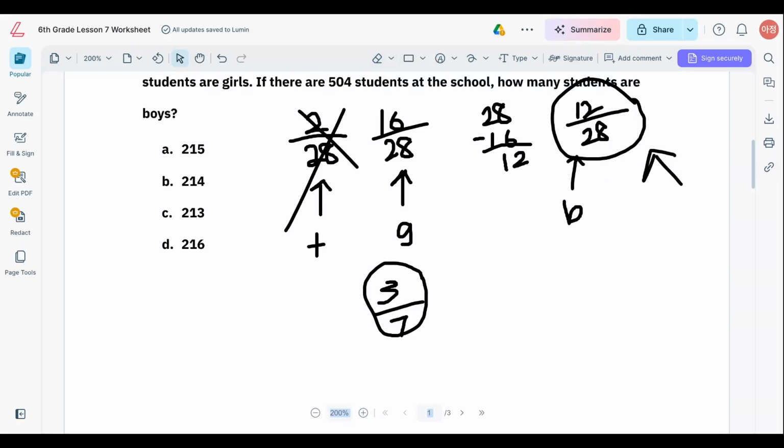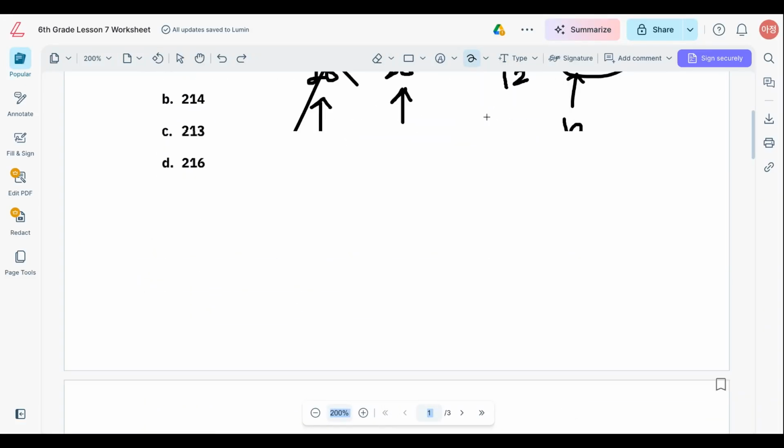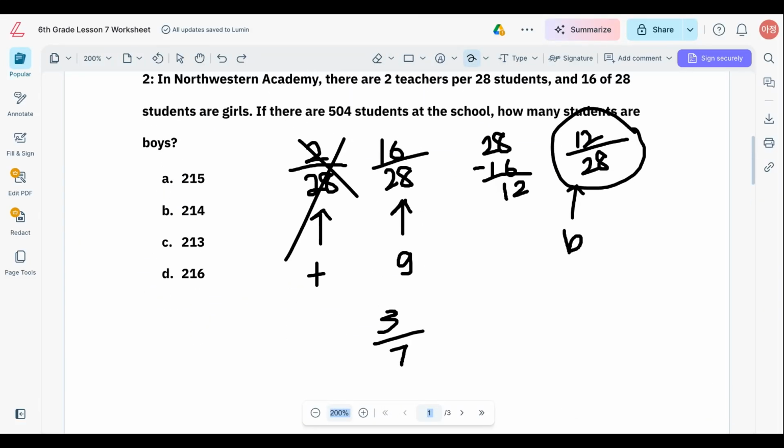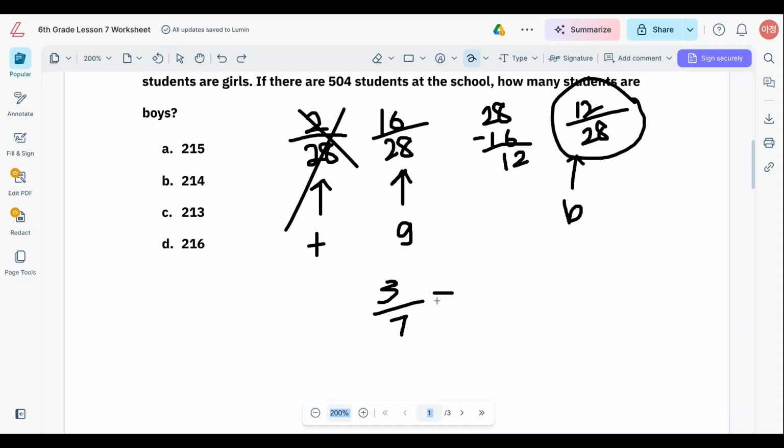Let me erase this. Okay. And now we'll use the same process as we did for the previous one. We'll make it equal. Let's do the number of boys, so let's use variable b.